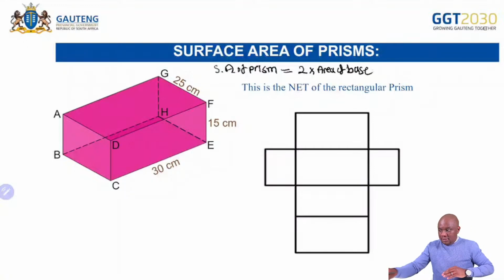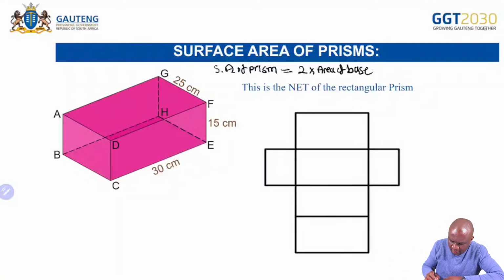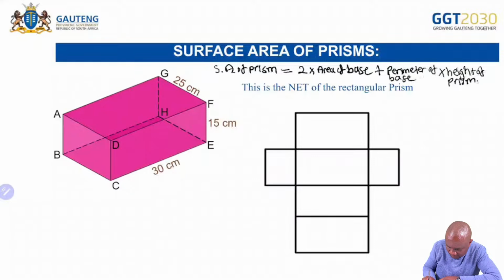You know what the base is, we talked about bases. 2 times area of base, plus perimeter of base times height of prism. Please take note, we discussed the height of prism. Okay, this is the formula: 2 times area of base plus perimeter of base times height of prism.